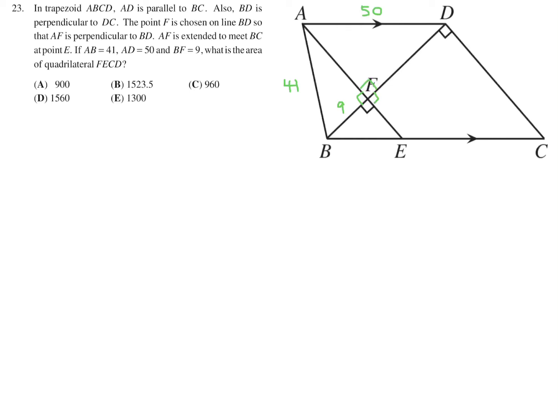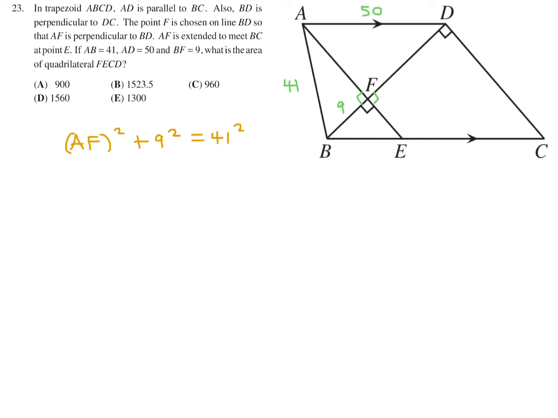So the first thing I'm going to do is figure out the length of AF. And I can do that with the Pythagorean theorem on this triangle right there. So AF squared plus 9 squared is equal to 41 squared.